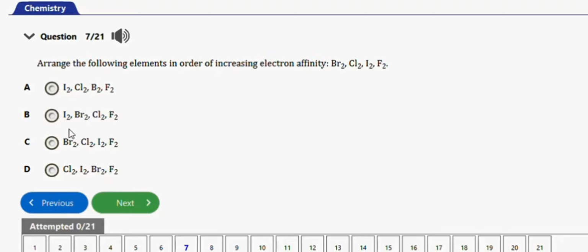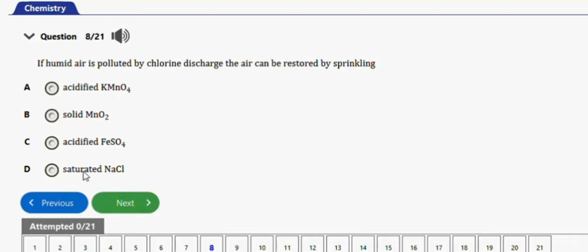Iodine, bromine, chlorine, and fluorine. That is option B. So that's it for this question. Next repeated question will be this one. It says, if humid air is polluted by chlorine discharge, the air can be restored by sprinkling acidified potassium manganate(VII). So the right option is option A.